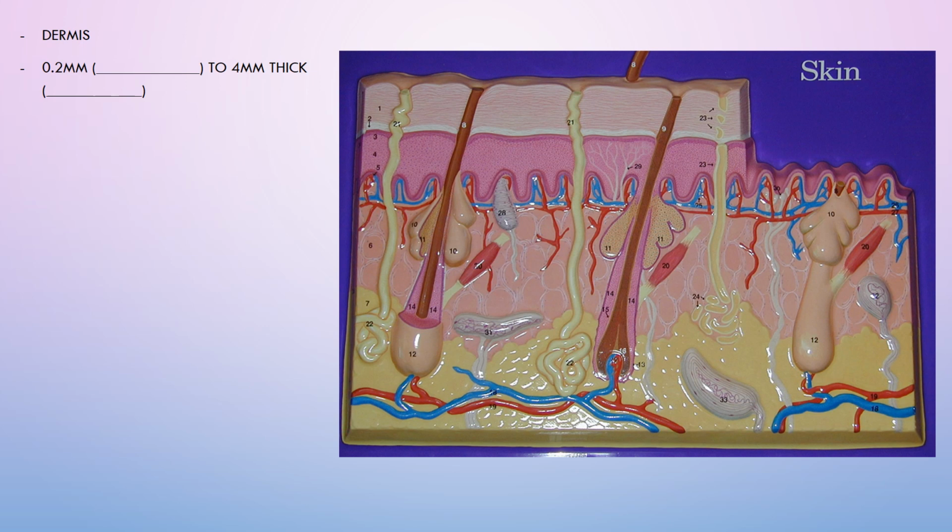Number 12 is your hair bulb. 13 is your external root sheath. All right, so are you seeing that one? It's kind of in the middle bottom. So we're looking at that external root sheath, number 13, in the middle of your picture, in the hypodermis region, going around that hair bulb there.